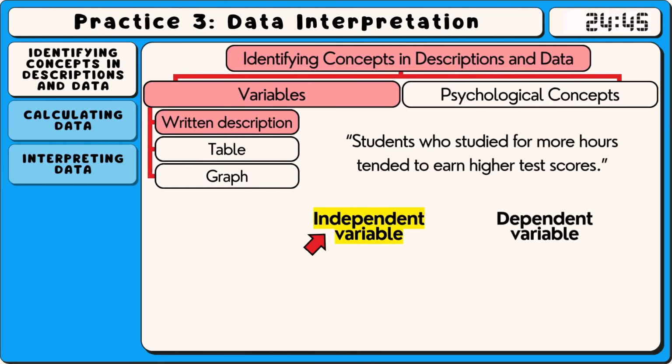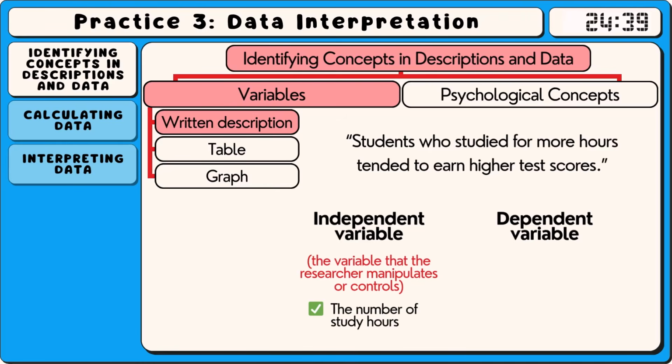We'll start with the independent variable, which you'll remember is the variable that the researcher manipulates or controls. If you identified that the independent variable is the number of study hours, you're correct. The researcher is comparing students who studied for more hours versus those who studied for less. The dependent variable, which you'll remember is the final outcome being measured, is the test scores, because it's the key thing the researcher wants to measure.